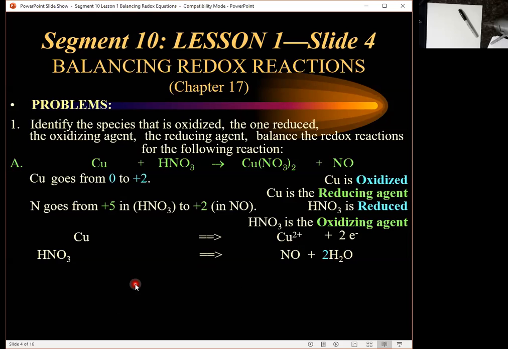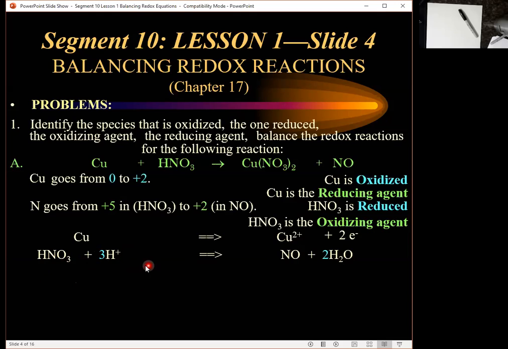Now we balance hydrogen by adding hydrogen ion to the side that needs it. So if I look here, I've got 4 hydrogens on this side, but only 1 over here. I'm going to need to add 3 more hydrogen ions. Now 3 plus 1 is 4. I've got 4 hydrogen atoms showing on both sides.